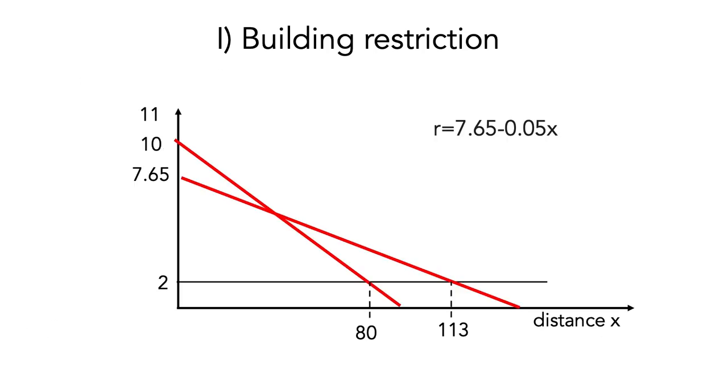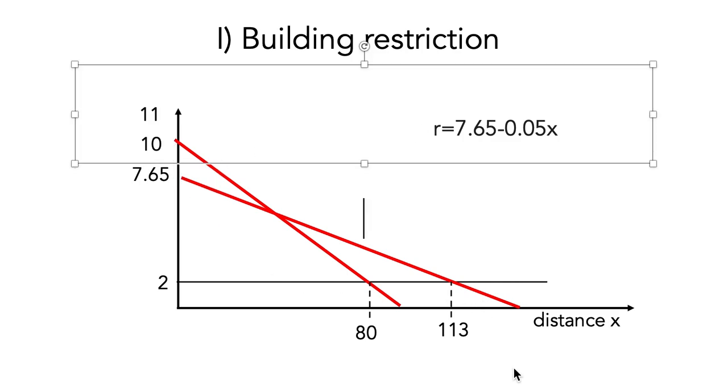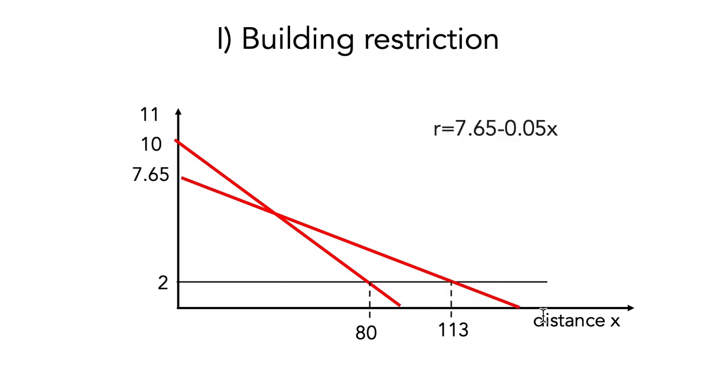Graphing this, we have this line. So when the distance is 0, the rent is 7.65. And when the distance grows all the way to 113, the rent is 2. Now, what happened is that there's no restriction in how much the city can grow.